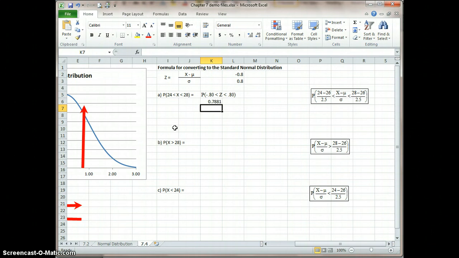If I flip back one other page, I can see that I've got negative numbers from negative 3.0 down to negative 0.0. If I look at negative 0.8 in that first column, 0.00, it gives me the number 0.2119.